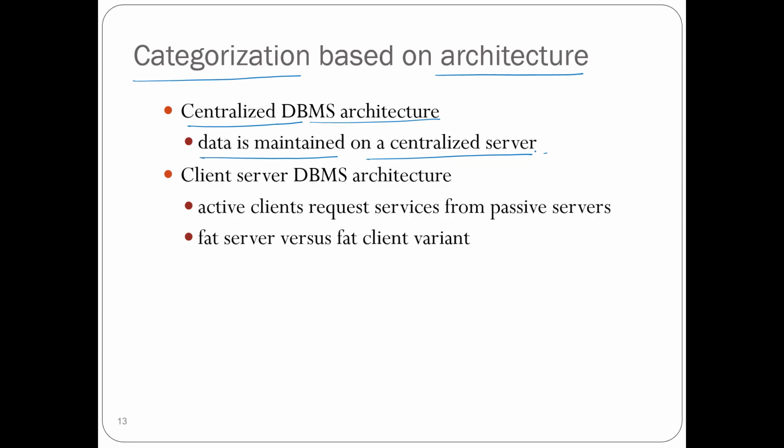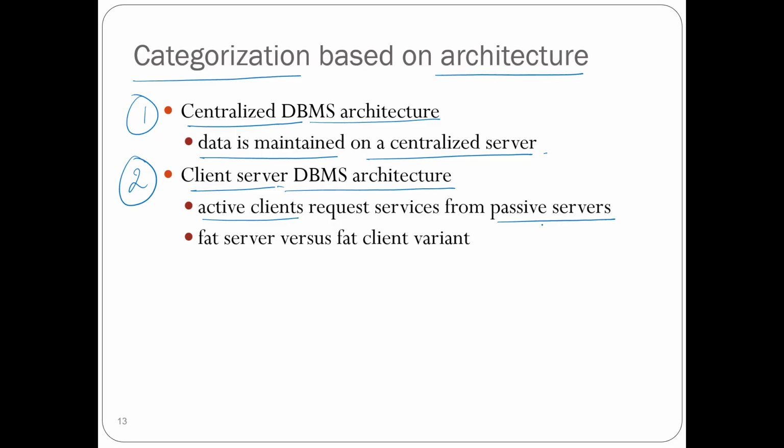Whereas the second possibility is client server based DBMS architecture. In the client server version, you will have active clients, and these clients will be requesting data access services from the passive servers.